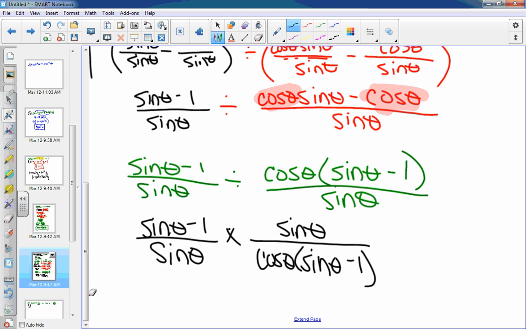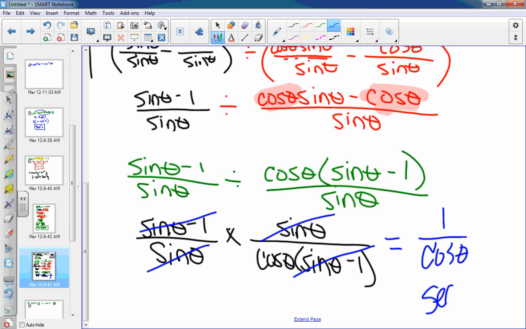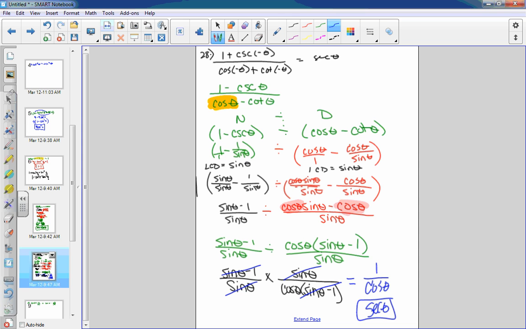The sines cancel out. Sine minus 1s cancel out, and I am left with what on top? A 1, and what's on the bottom? Cosine. Well, what is 1 over cosine? Is that what I wanted? It absolutely is what I wanted, okay?